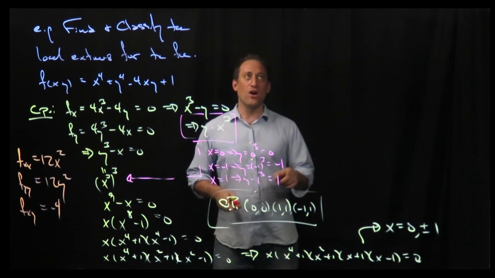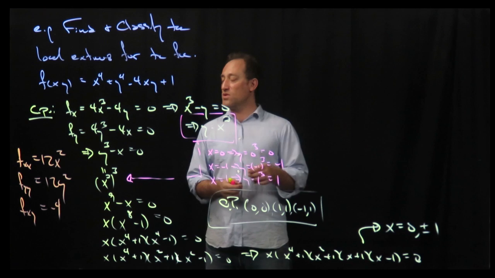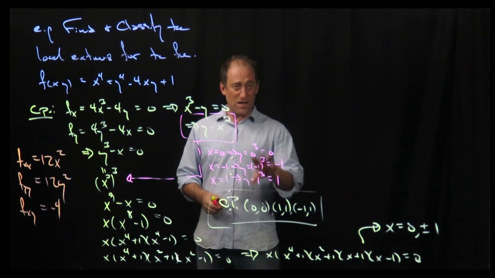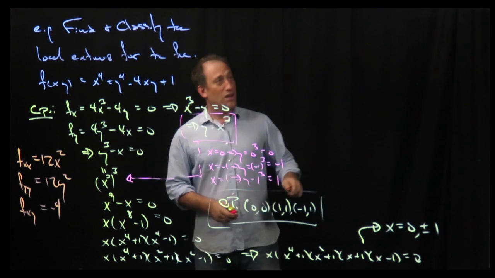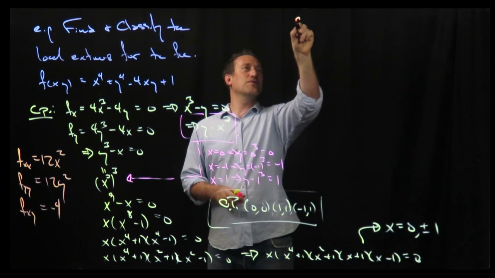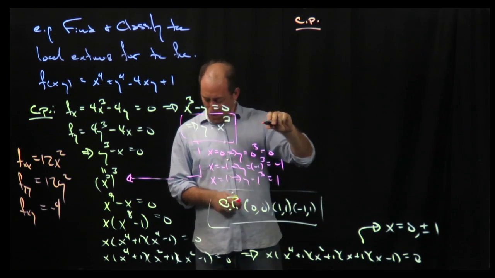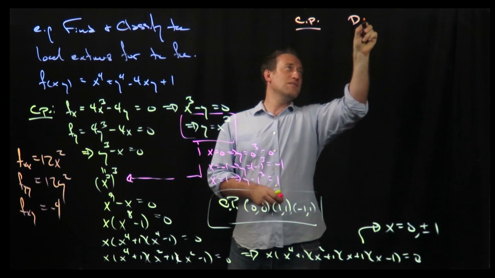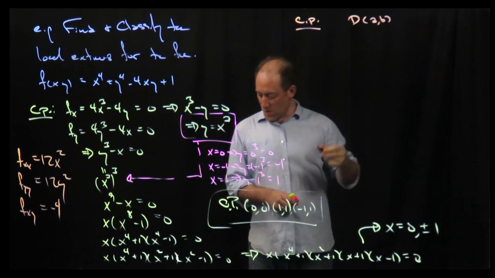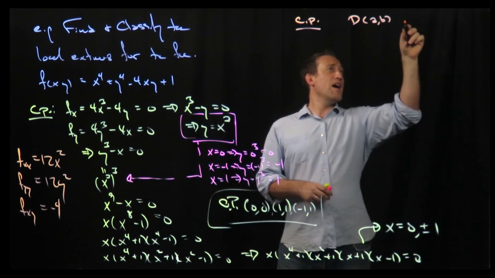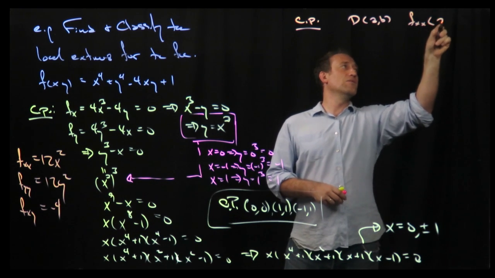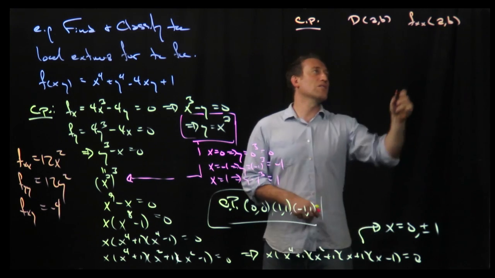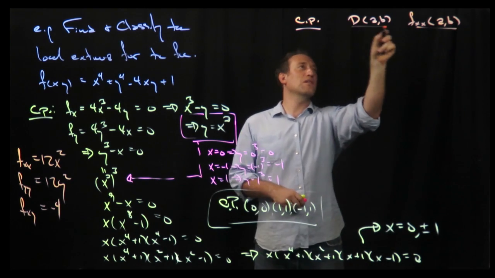All right, so I now need to see what I get using the second derivative test for each of these critical values. Namely, I begin with D of the critical point (a, b) and fxx of the critical point (a, b).